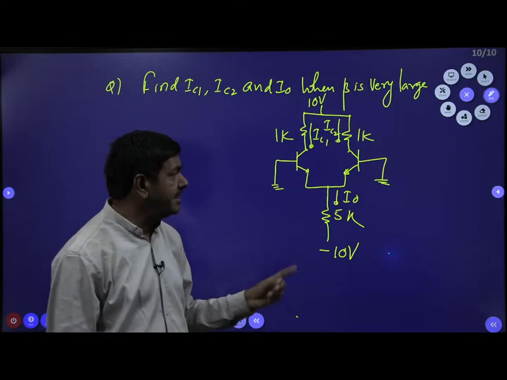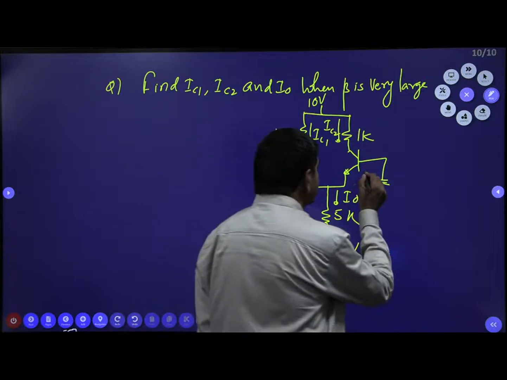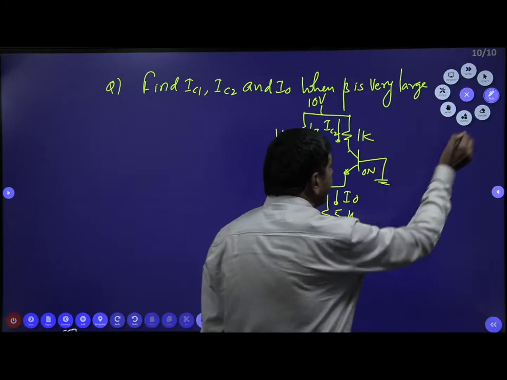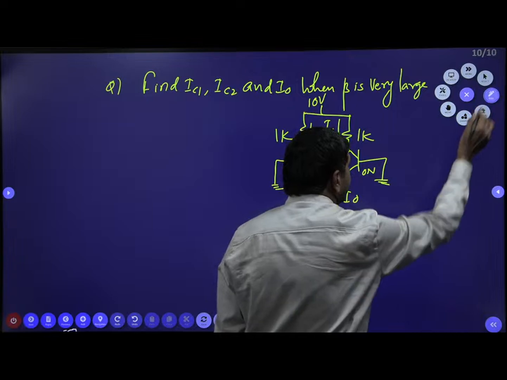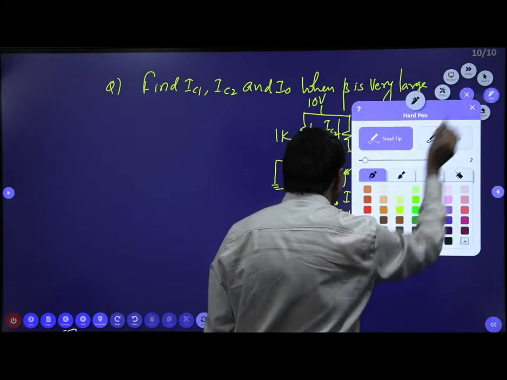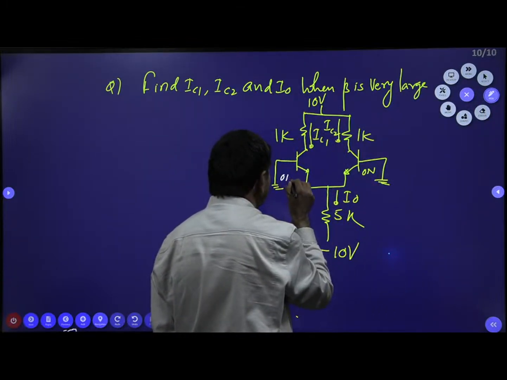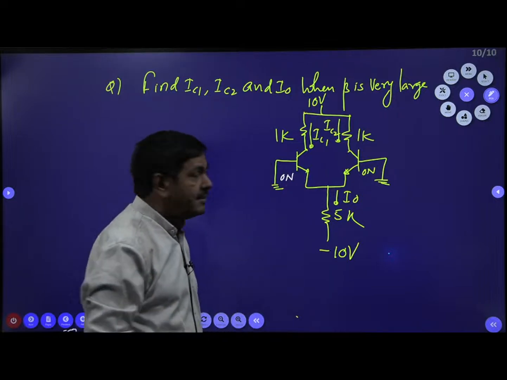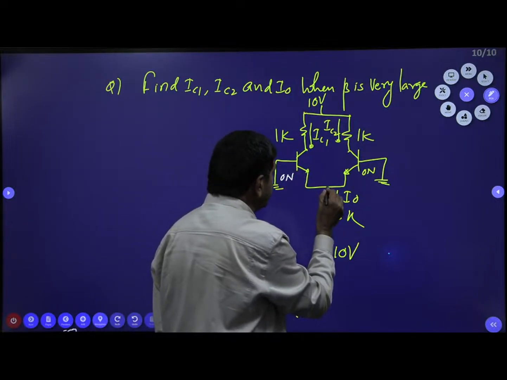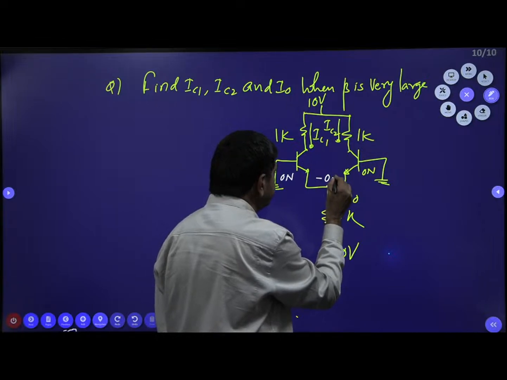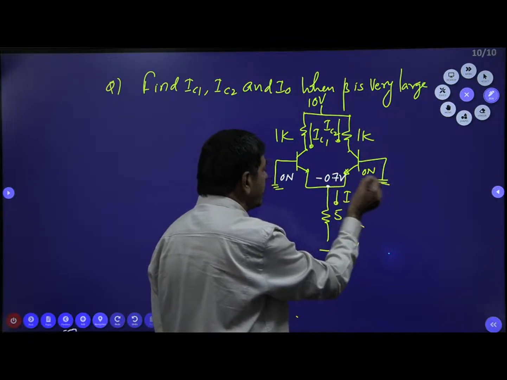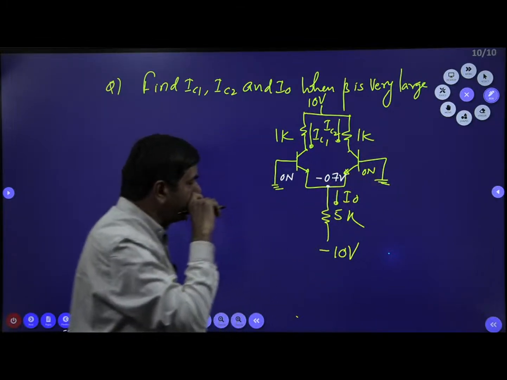But in this case, both transistors are on. 0 minus 0.7, minus 0.7 is possible.